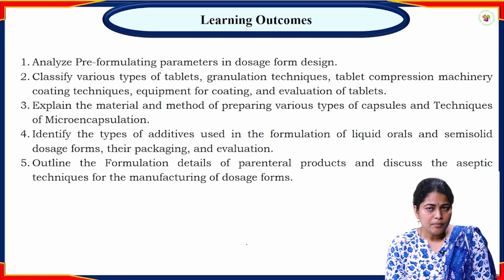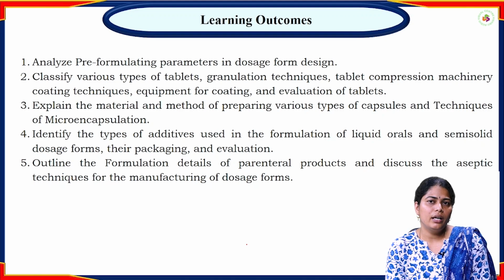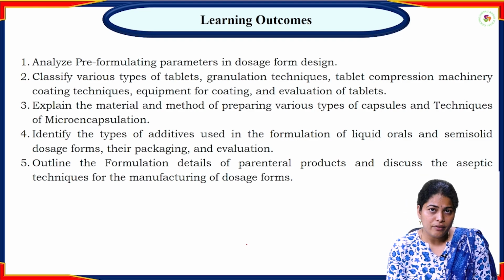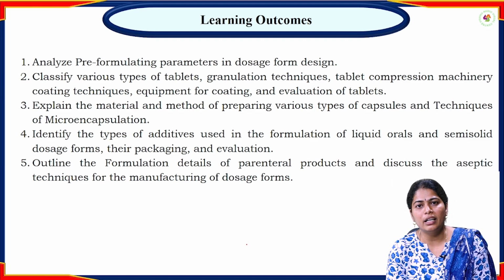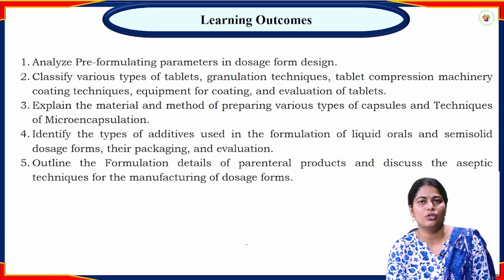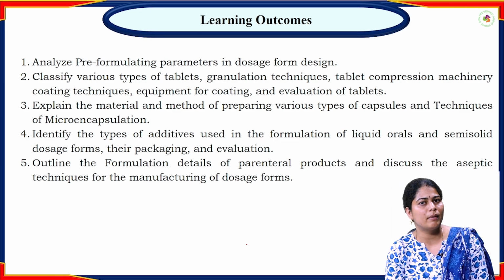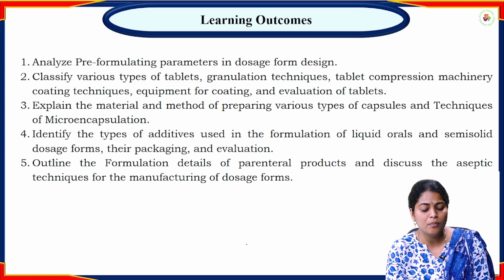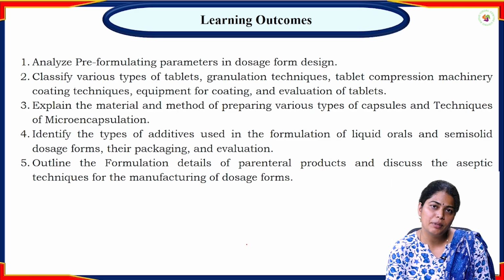And the learning outcomes. After studying these 5 units, the student will be able to analyze different pre-formulation parameters in the dosage form design, classify various types of tablets and different compression techniques, coating and the equipment of coating, and evaluation of tablets, and explain the materials and methods used in the preparation and filling of capsules and methods for microencapsulation, and identify different additives in the formulation of liquid orals and semi-solid dosage forms and packaging of liquid orals and semi-solids.